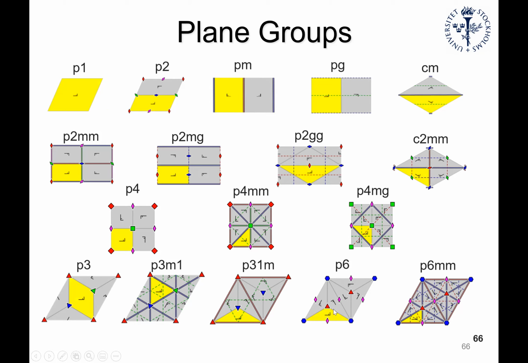So the name itself doesn't tell you all of the symmetry elements that are in there. You need to look at these diagrams with the symmetry elements to tell all of the symmetry operations that coexist in this plane group. As you see, with P6mm, there's a lot of symmetry in there. These diagrams get quite messy.